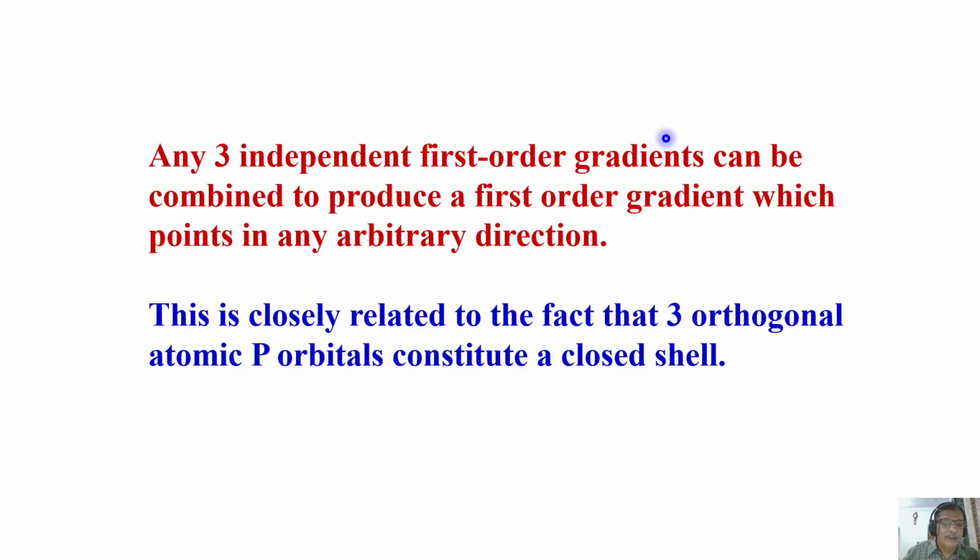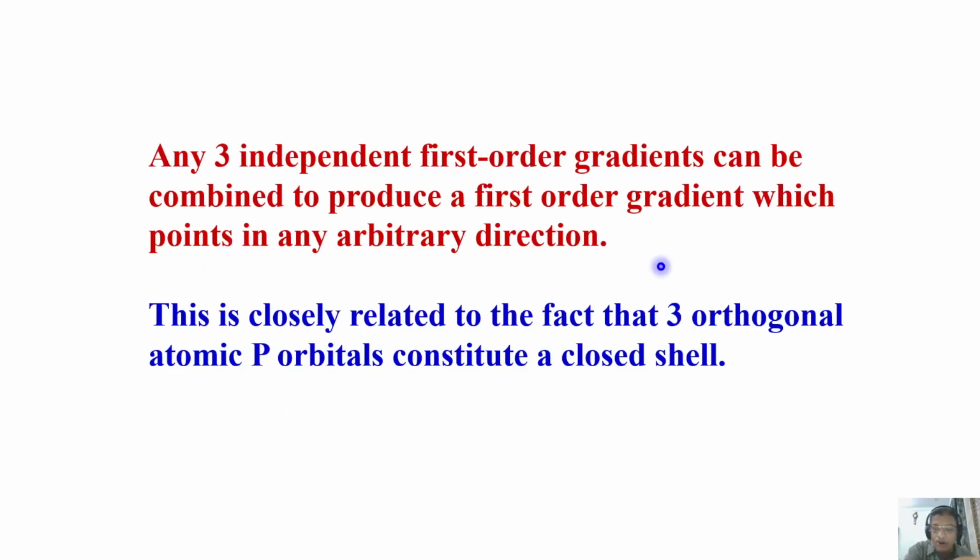Since it is a chemistry course, you know that if I have three orthogonal p atomic orbitals, they can constitute a closed shell. It's an analogy. If I have three independent first order gradients, I can combine them in various fashions and produce a first order gradient which can point in any arbitrary direction of my choice.